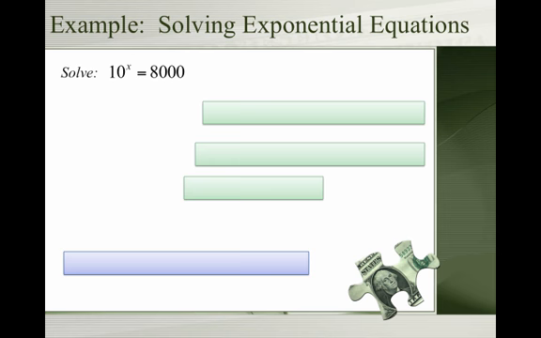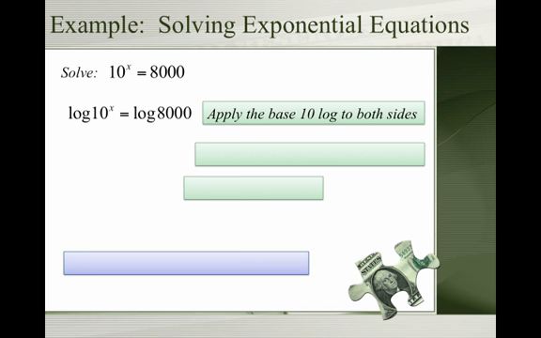What about 10 raised to the x equals 8,000? Here we want to use the common log on both sides, since we have an exponent with base 10 in our original problem. So I apply the common log to both sides. On the left side, log base 10 with an exponent of base 10 are going to undo each other, so they just kind of cancel out, so to speak.